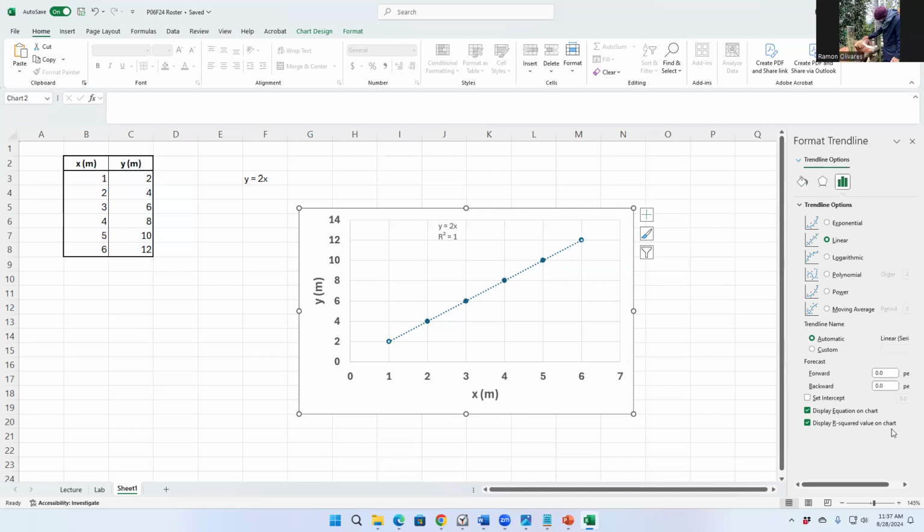Yes, you do have a window. Do you have format trend line at the top? No. Do you have a downward arrow here, just like I have?